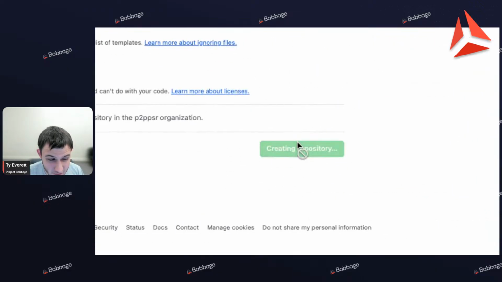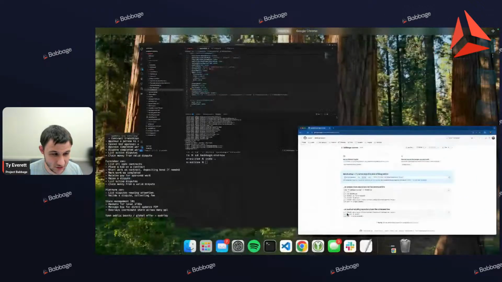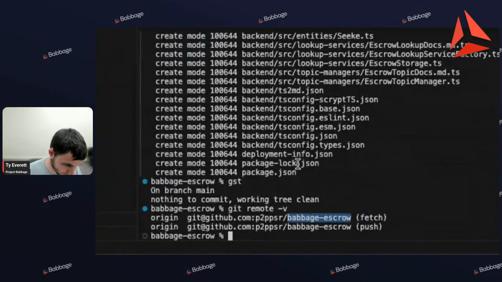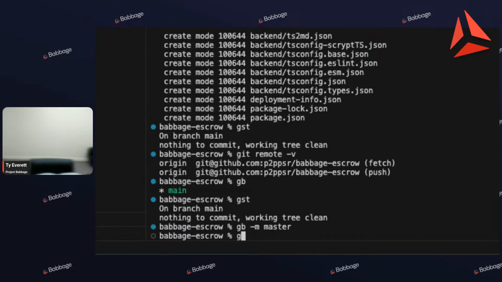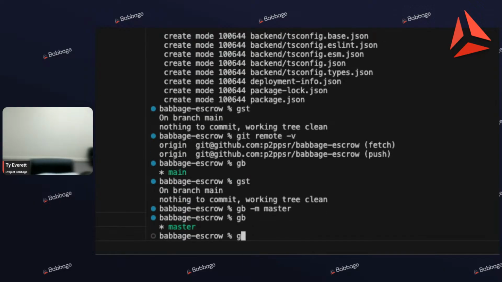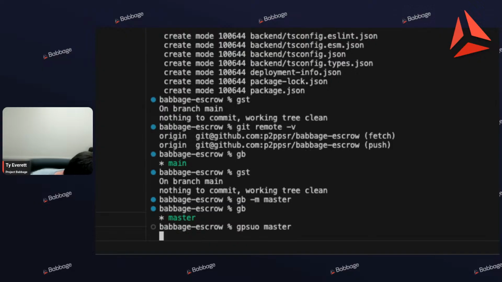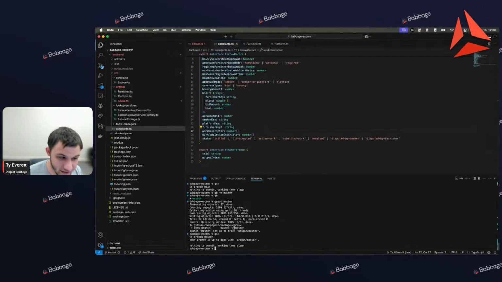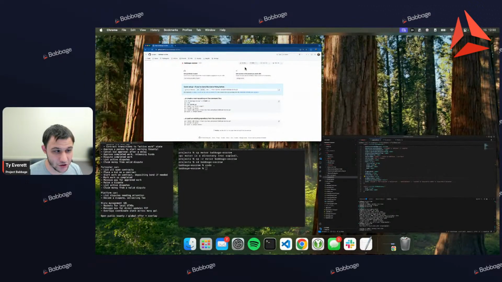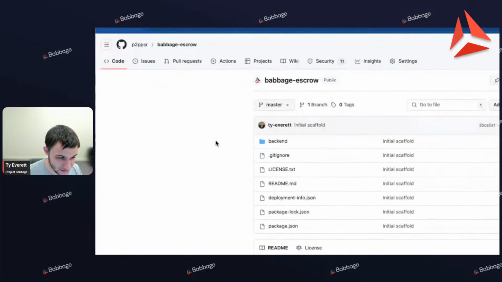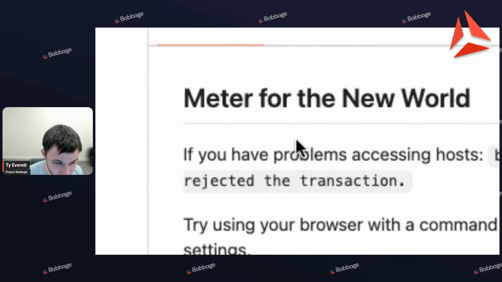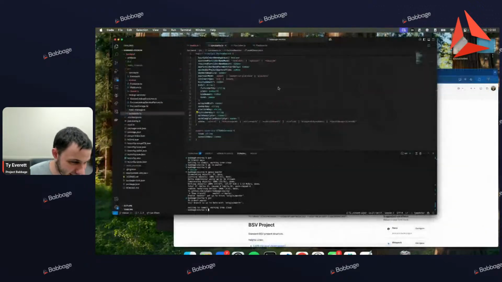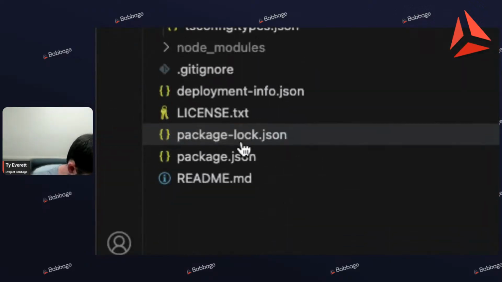And now, if I just do that, then the repo should be live. All right, and it still says meter for the new world. Let's change that. I can't live with that.